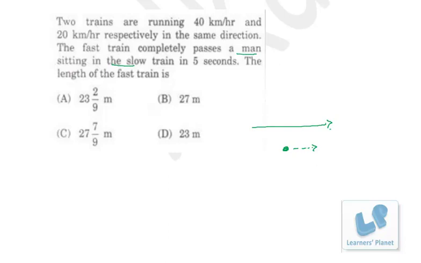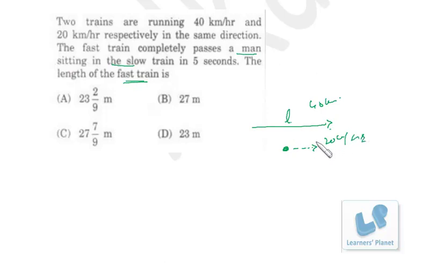Okay. So in this particular case, we have to consider the length of this larger train, and that only we have to find out. So suppose this is L, right? Now it is also moving and it is also moving, and this is moving at 40 kilometer per hour, and this person who is sitting in the slow train is moving at the rate of 20 kilometer per hour, right?